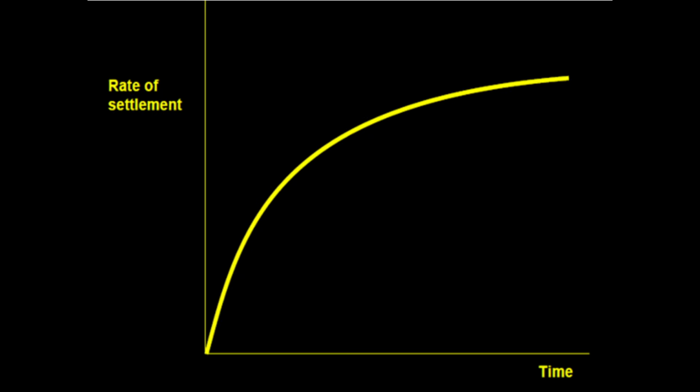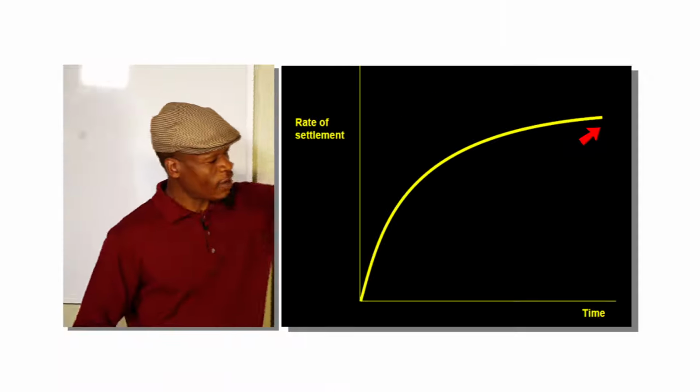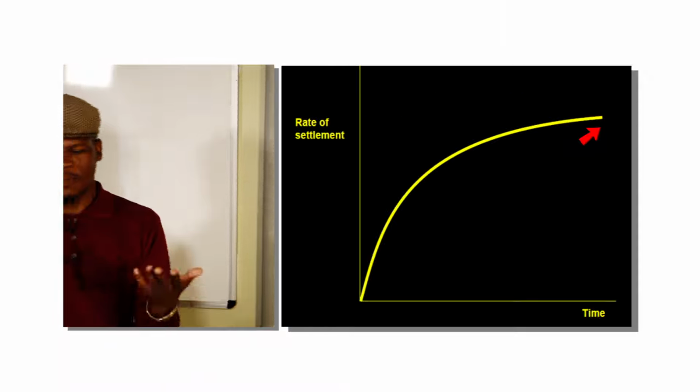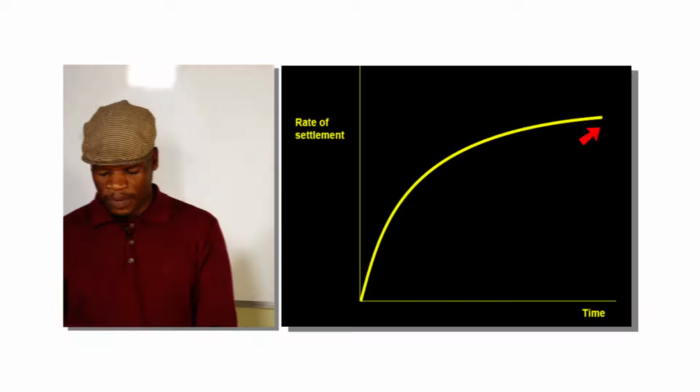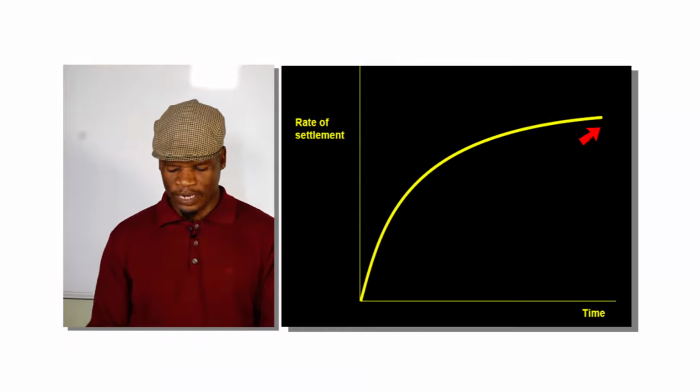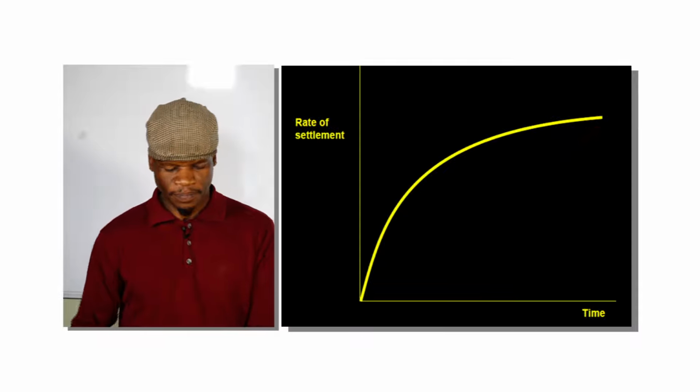Then in terms of the rate of settlement and the time it takes place, mostly after you build your structure, the settlement rate is going to be very high. But as the years go on, it is going to curve and then become normal. That means it is no longer going to settle that much going down, and it reaches its standard settlement.